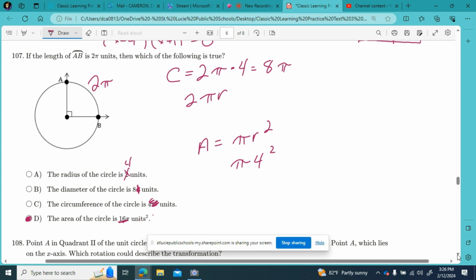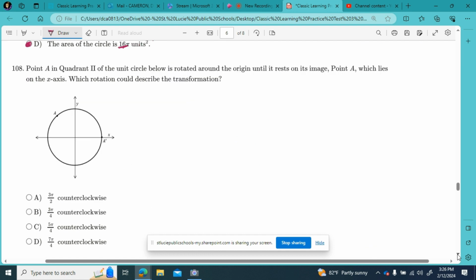And then question number 108. Point A in quadrant 2 of the unit circle below is rotated around the origin until it rests on its image. So point A here gets rotated around counterclockwise, right?